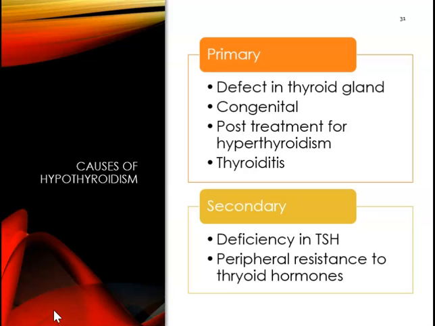And also certain medications can cause this. Secondary causes of hypothyroidism result from pituitary TSH deficiency or peripheral resistance of thyroid hormones. Hypothyroidism has been known to have a slow onset with manifestations occurring over months or even years.